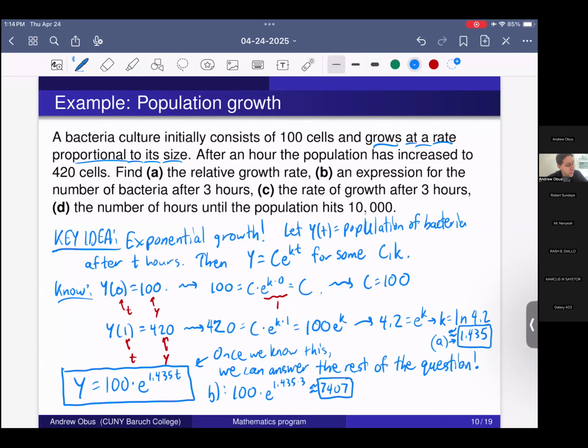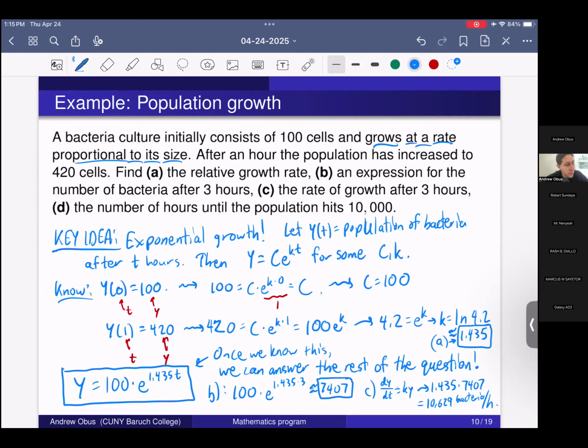The rate of growth after 3 hours, that's C. Well, we know dy dt equals ky. Our y is the amount of bacteria, that's 7,407, and k is 1.435, right? So this ends up giving us 1.435 times 7,407, which is equal to about 10,629 bacteria per hour.